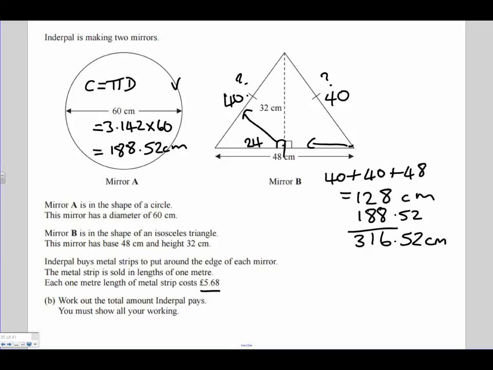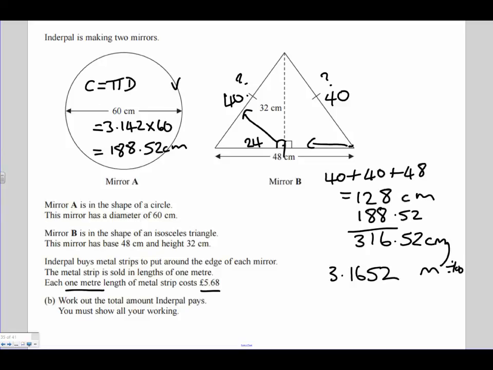So how much do we need? Well, this is in centimeters and it's sold in 1 meter lengths. So if we go from centimeters to meters, we need to divide the value by 100. So we have 3.1652 meters of metal strip that we need.